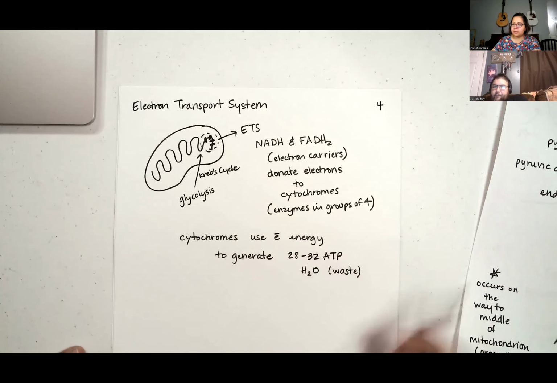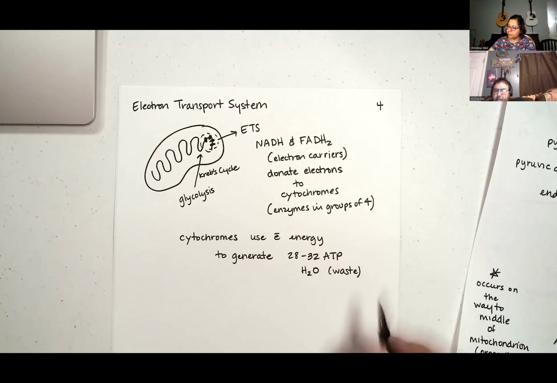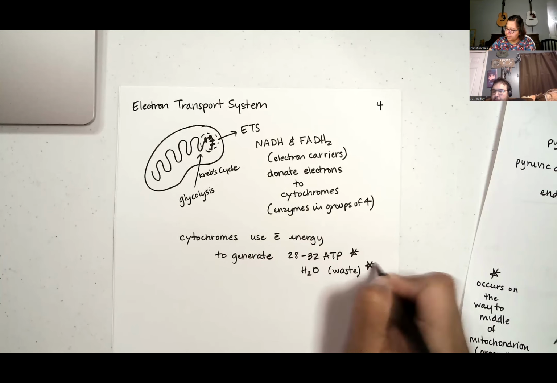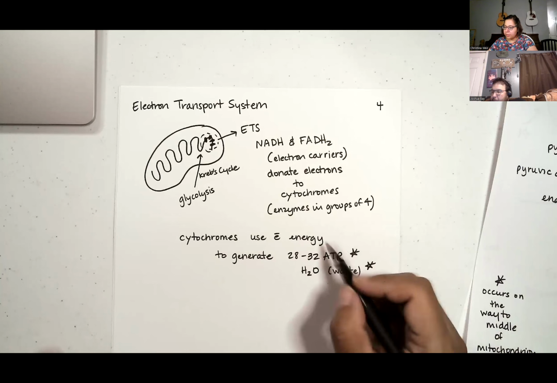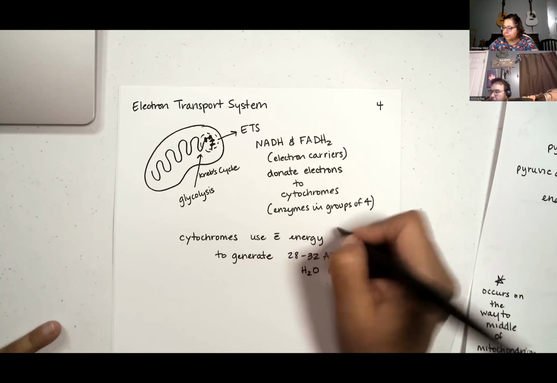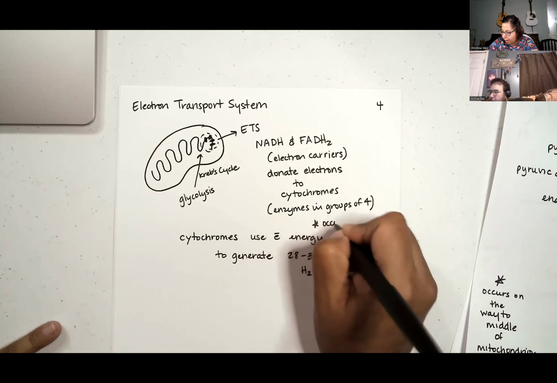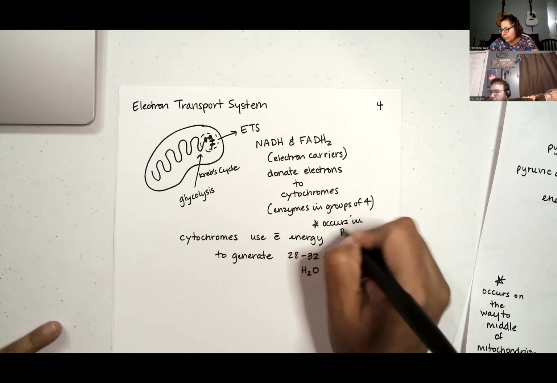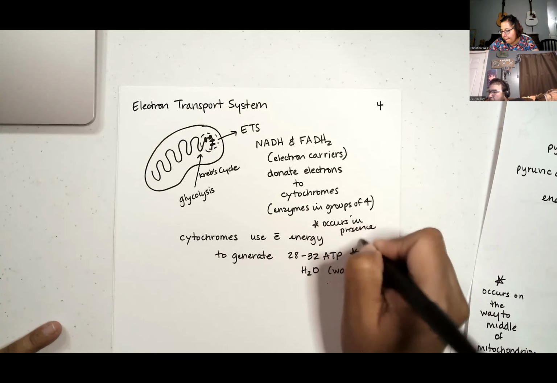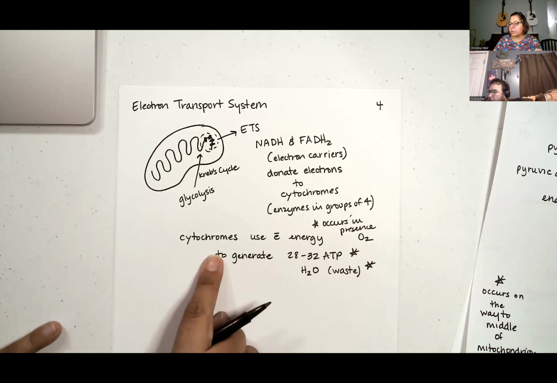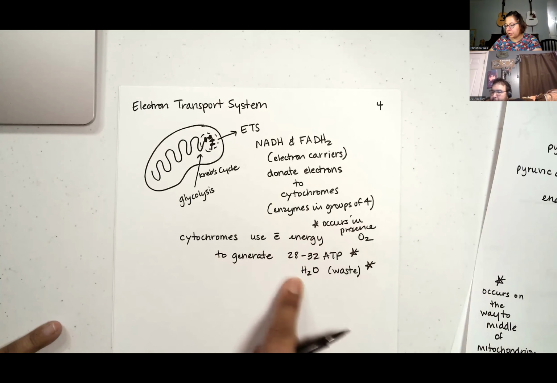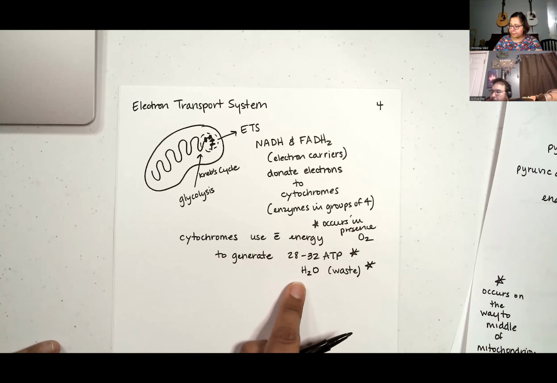So the end products of the electron transport system are ATP and water. This process only happens in the presence of oxygen. Oxygen is actually part of the generation of a little bit of water. It's what kind of makes this whole thing happen.